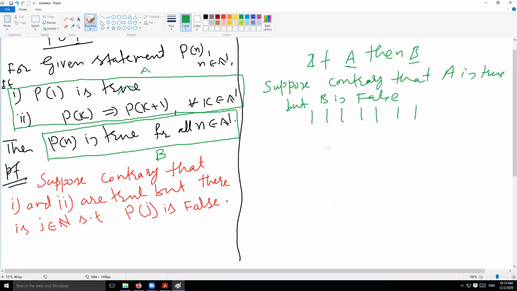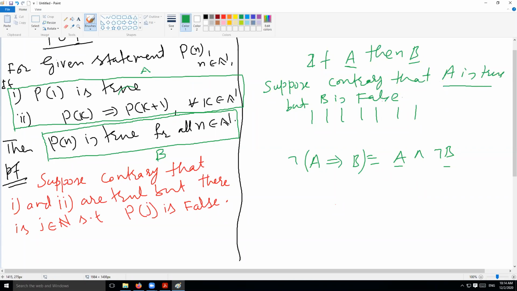And why are we doing it? Because we know that the negation of the implication is A and not B. In other words, assume A, which is the if part, and negate B, which is the conclusion. That's precisely what I have done.